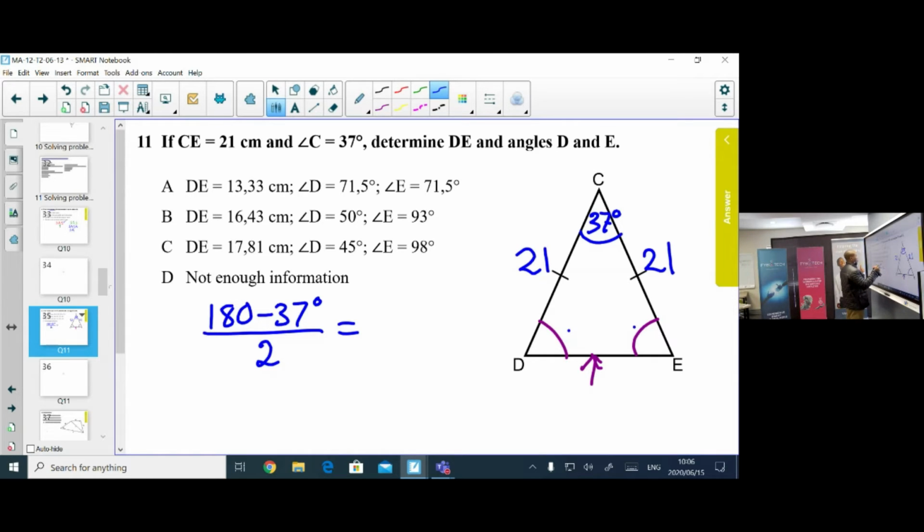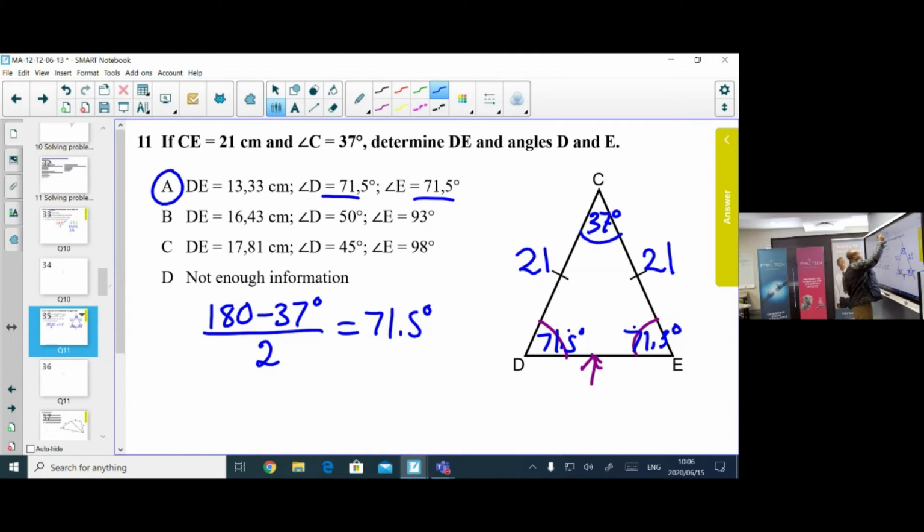You could get something like 71.5, which would be your angle here, as well as your angle here. So these angles are equal as much as the sides are also equal. That takes care of it. Of course, you could almost start to pick that your answer is A because of your D and E, but we still need to find DE, the length, the side.